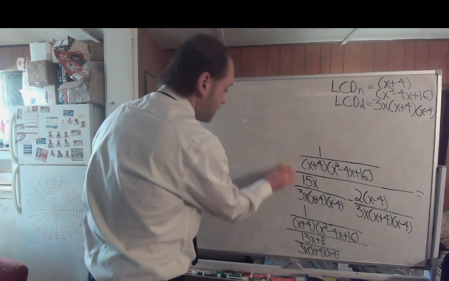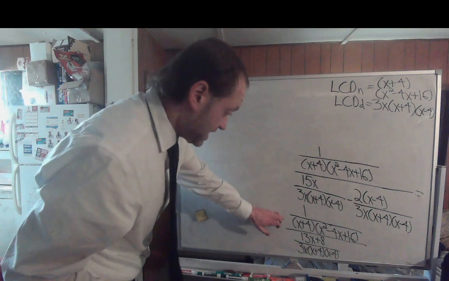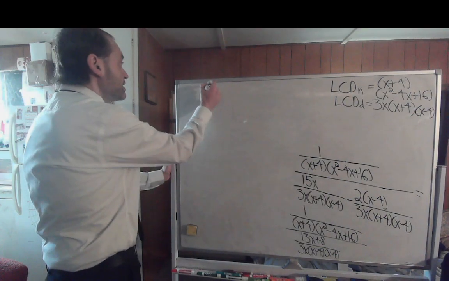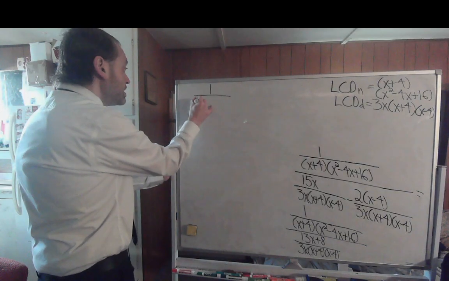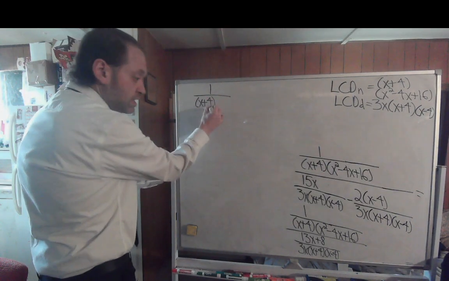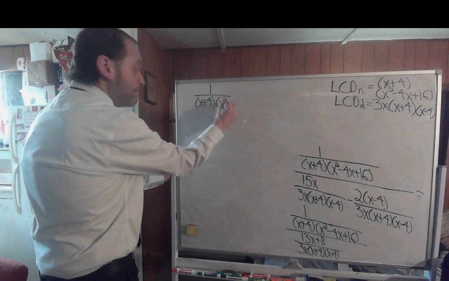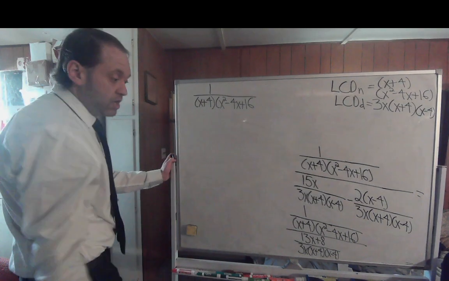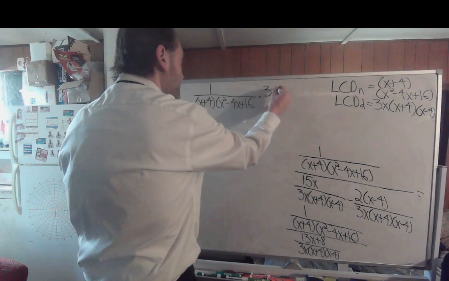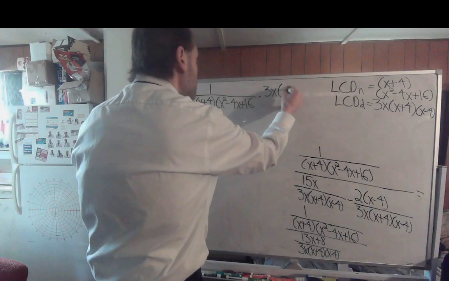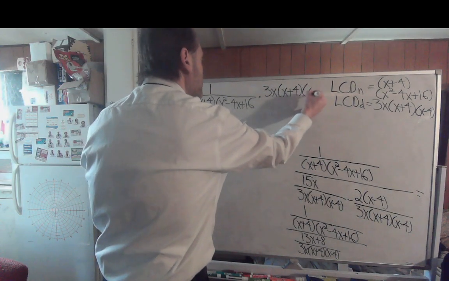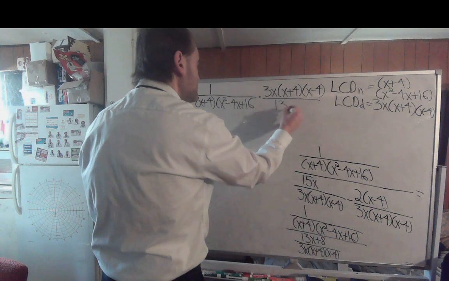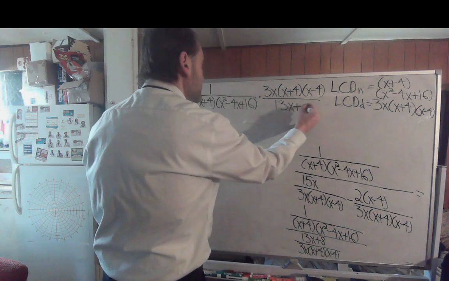Good Lord. Alright. So let's look down here. You have a fraction divided by a fraction, so you're going to invert and multiply. This will be 1 over x plus 4 times x squared minus 4x plus 16. All that times 3x times x plus 4 times x minus 4 all over 13x plus 8.